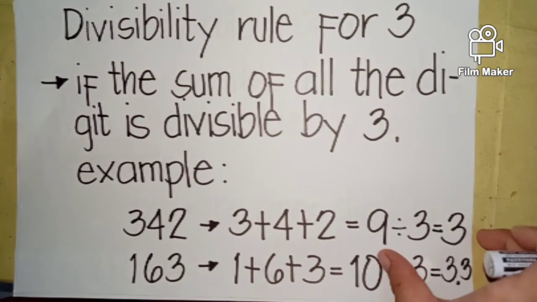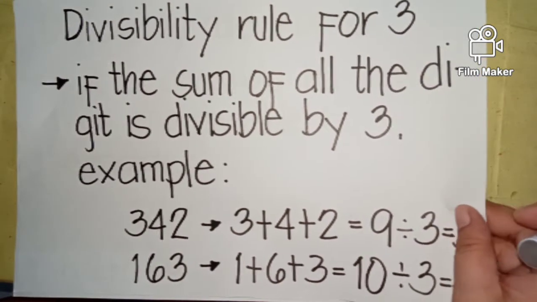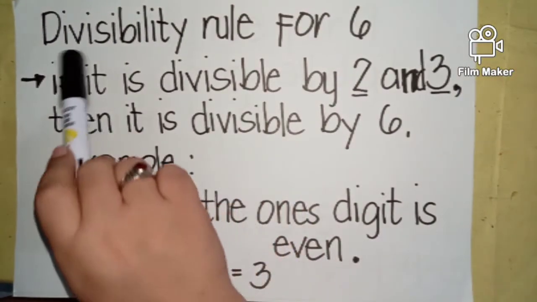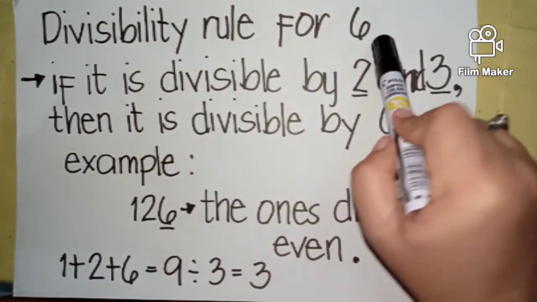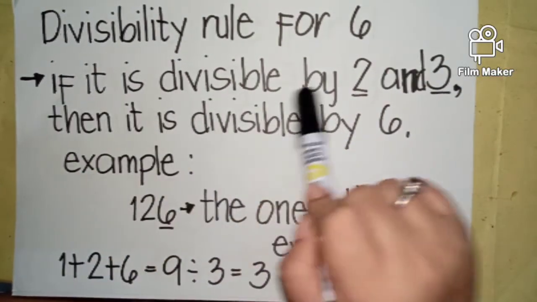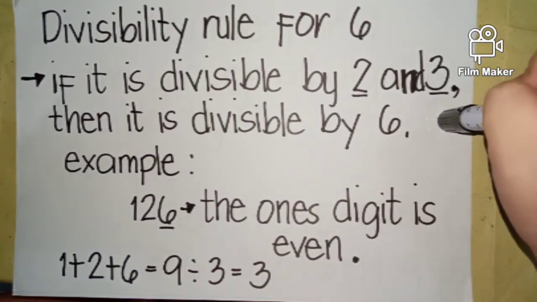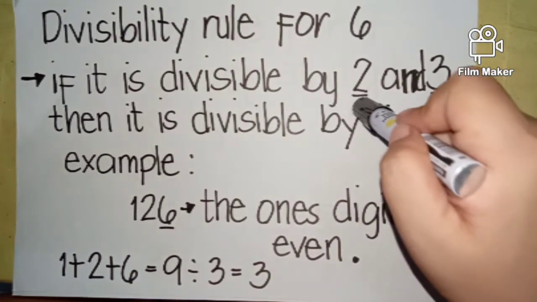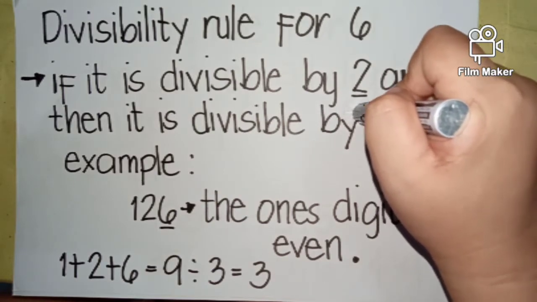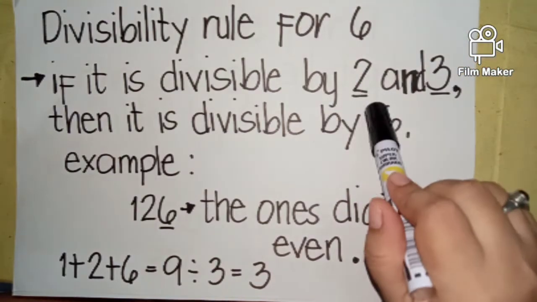Okay, let's go to the divisibility rule for 6. It is if the number is divisible by 2 and 3. Do you remember? The rule for 2 is that the number must end with an even number.